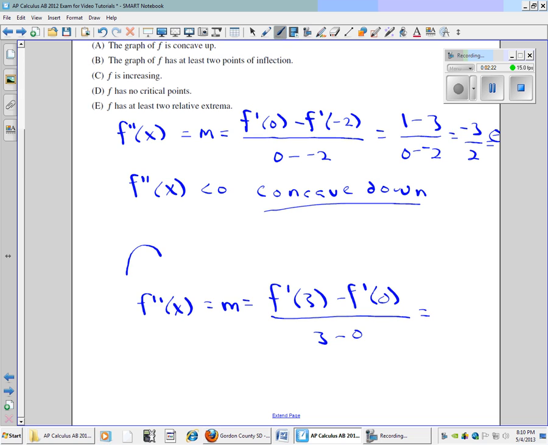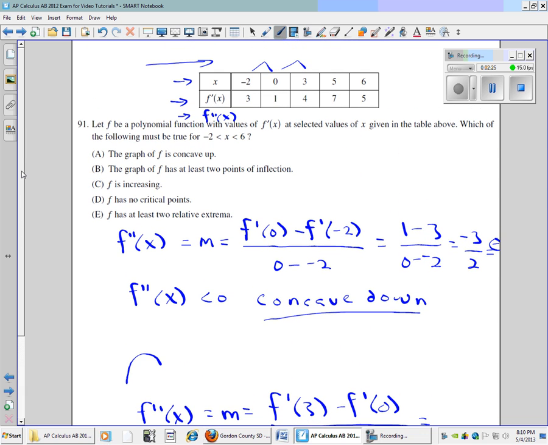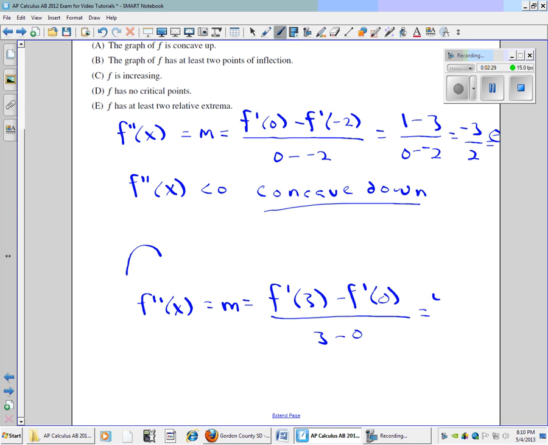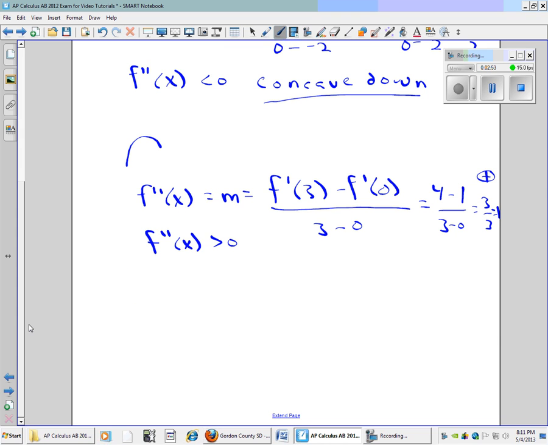Our values for f prime of 3 was 4, and f prime of 0 was 1. And that's going to give me 3 over 3, which is 1, and 1 is positive. So what we're finding out here is that the second derivative is going to be greater than 0 since it's positive, and therefore concave up.